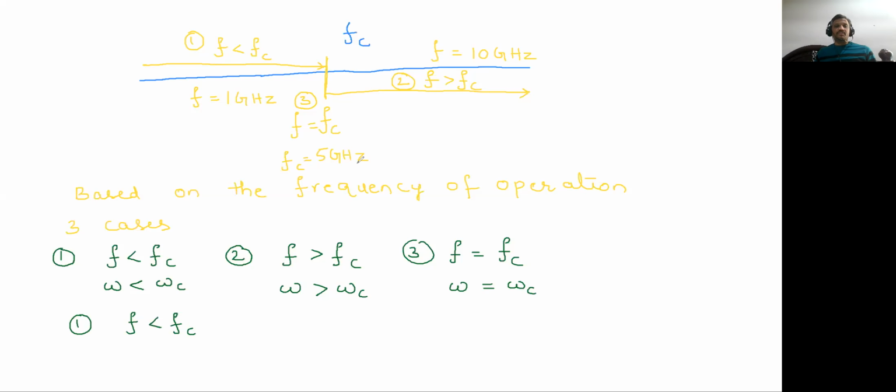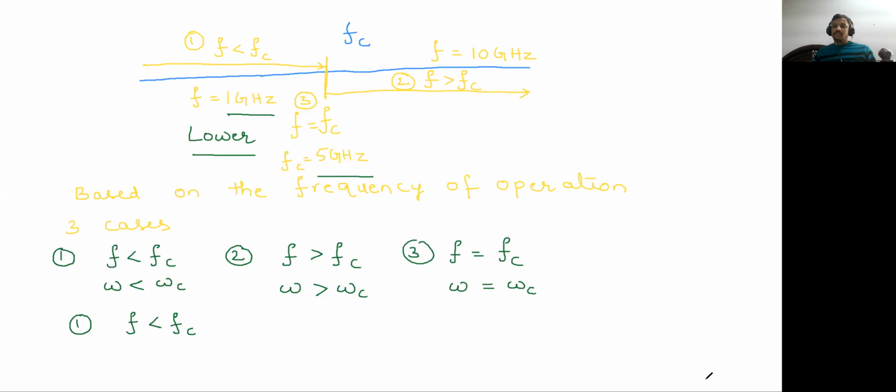Fc we have assumed here is 5 gigahertz, and F can be 1 gigahertz or even smaller, maybe hundreds of kilohertz. That means this is a lower frequency, a very small frequency.